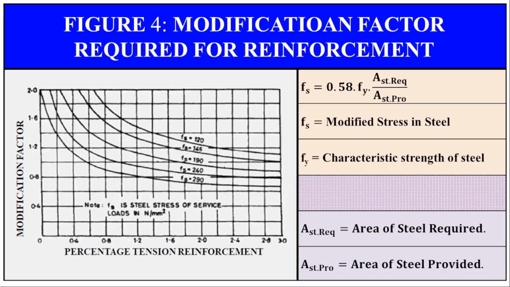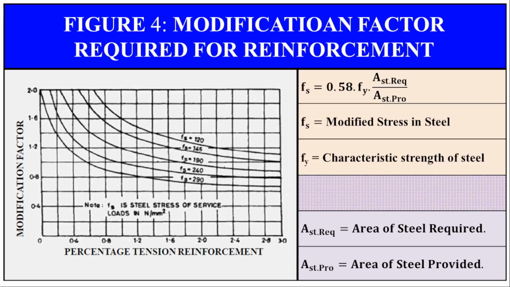The graph plots the modification factor on the vertical axis, ranging from 0.4 to 2.0. The horizontal axis represents the percentage tension reinforcement, extending from 0 to 3%.